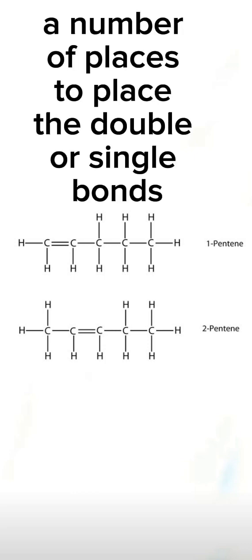However, it's very important for you to know that whenever you say something is an alkene or an alkyne, there's a double or triple bond somewhere. And because there are a number of places those bonds can be, saying pentene or pentyne alone is not enough. Instead, you need to add a number to specify where the bond is.